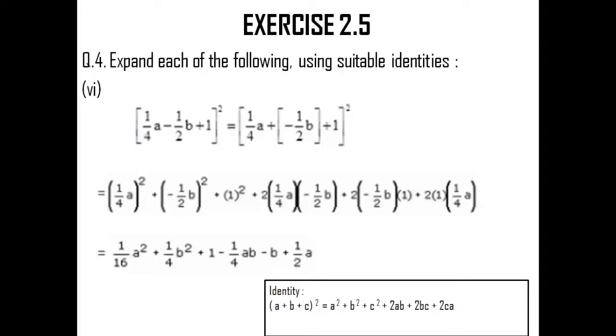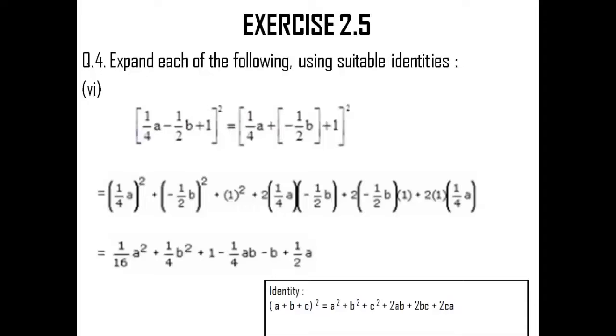So in the second line, you'll find that all that has been done is replacing the values of a, b and c, which gives me the final answer as 1 upon 16a square plus 1 upon 4b square plus 1 minus 1 upon 4ab minus b plus 1 upon 2a. I hope you have understood what needs to be done to solve these kinds of questions.